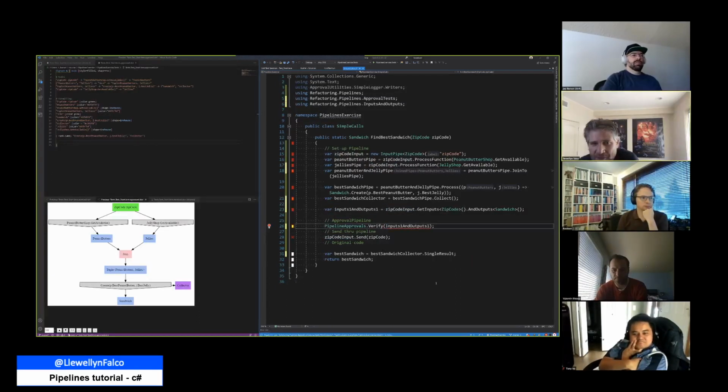So there you can change this to inputs and outputs dot input 1. The part where we're sending, you can change that to inputs and outputs, send zip code. And the part where you're collecting, you can say inputs and outputs.